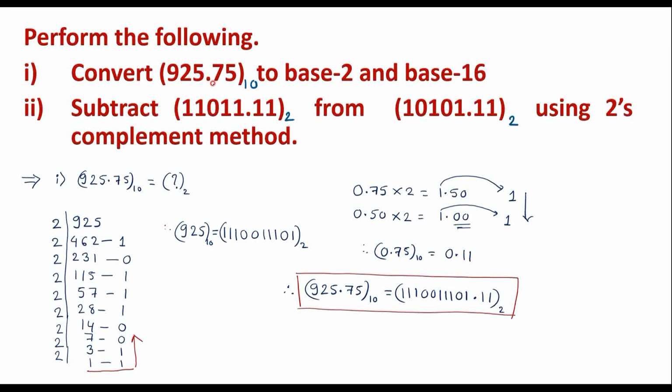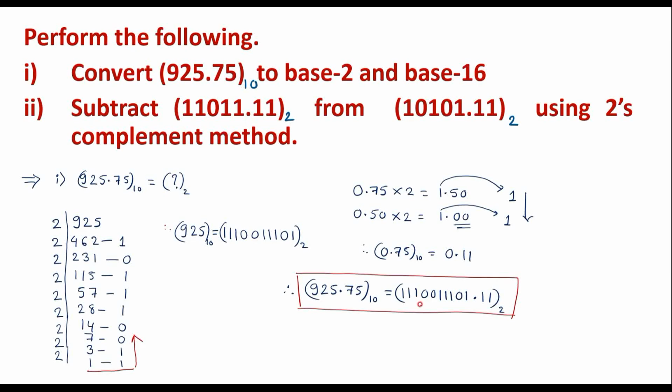Later, the fractional decimal number, that is 0.75, multiply this by 16 as we have done for binary. The other method is to convert this number into binary and binary to hexadecimal. So already here we have converted the decimal number into binary. We'll try to convert this binary into hexadecimal.